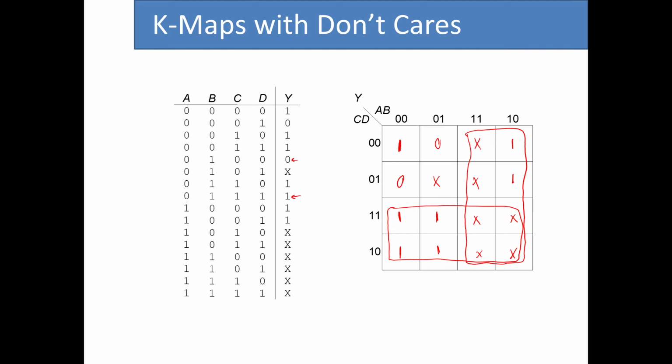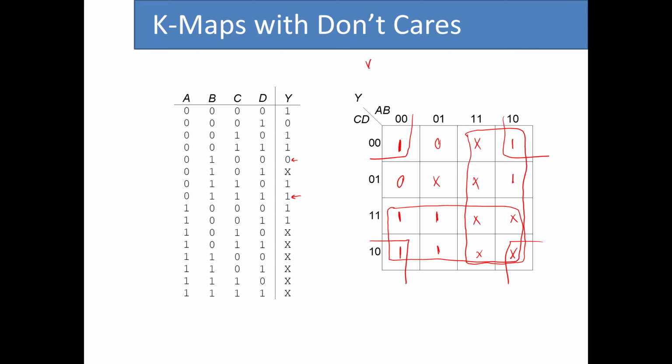So it cannot be 1 for one circle and 0 for another circle, right? If you consider it to be 1 and you include it in a circle, that means that it is going to be a 1 for all of them too. So that means that now we can create this 4th circle of 4 corners, and then use this to basically come up with the more simplified form of the function.